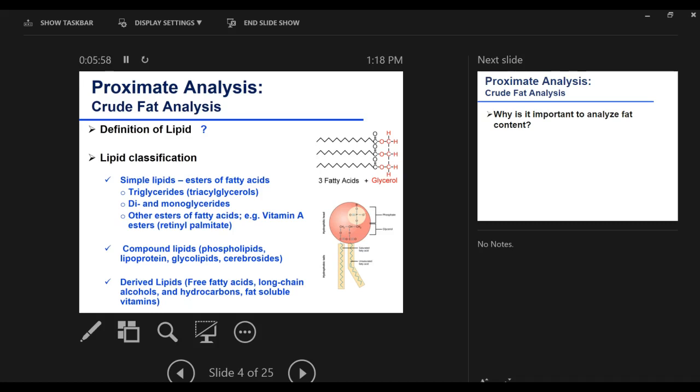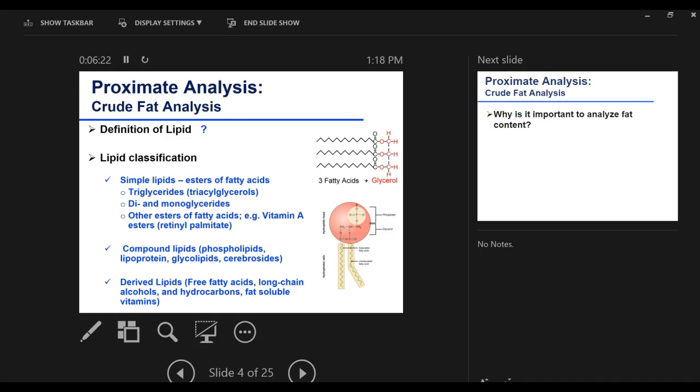So the OH from each of the fatty acid and H from all of the hydroxyl groups of glycerol will be removed as H2O. So 3 molecules of water will be removed when you have 3 fatty acids and glycerol. So keep that information in mind when we cover the fat characterization chapter.